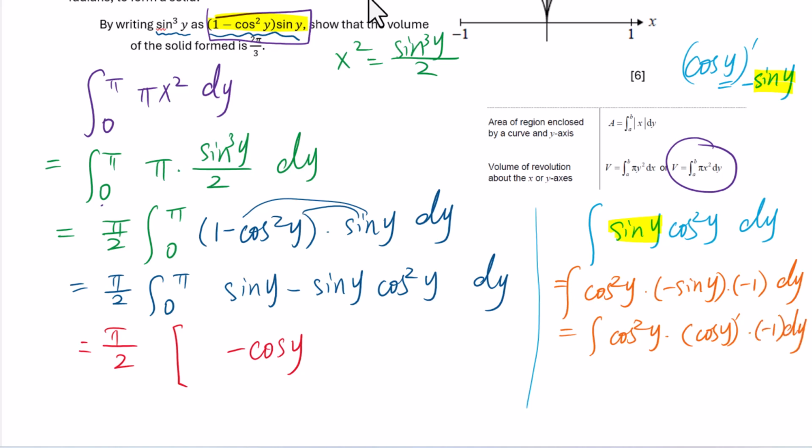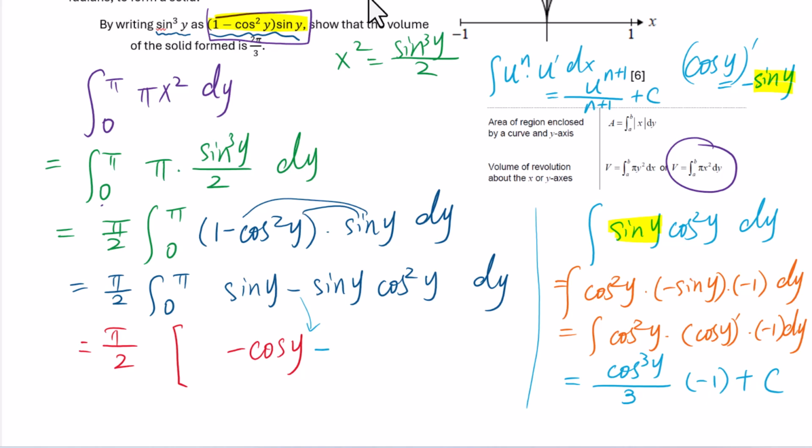We can use this formula: integral of u to the nth power times u prime dx equals u to the power of n plus 1 over n plus 1, plus c. So we get cosine to the third power y over 3 times negative 1 plus c.